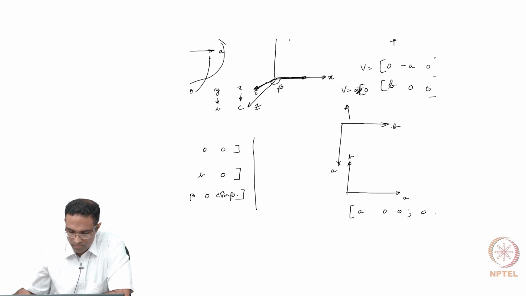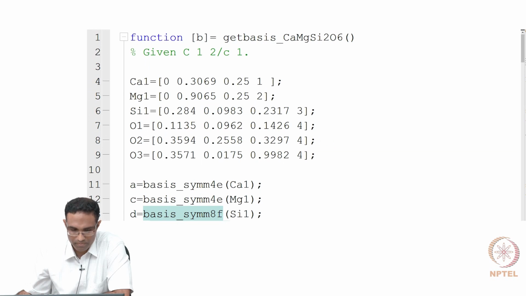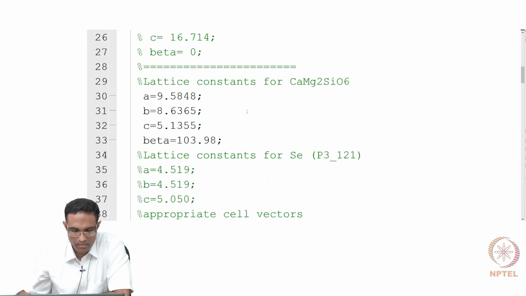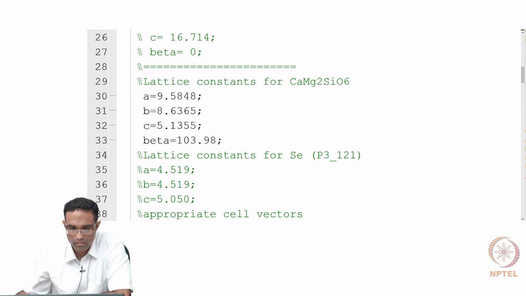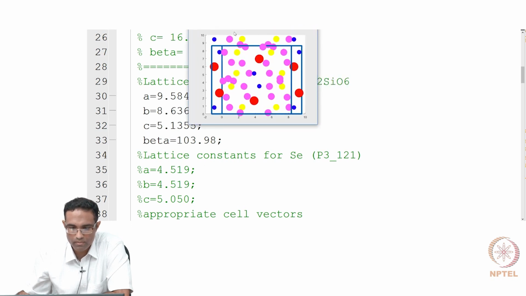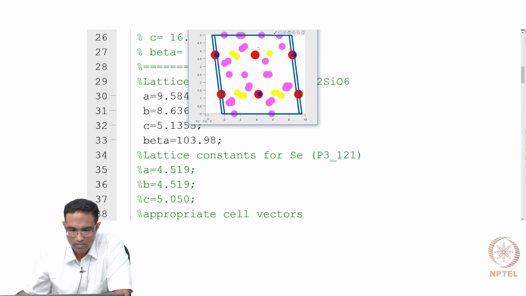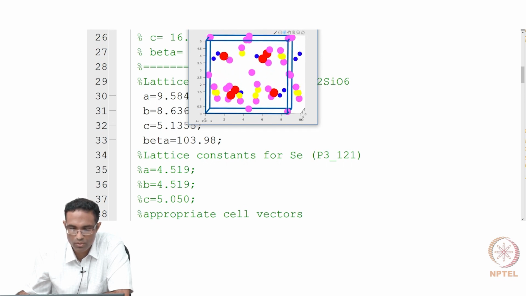So once we do this and define all our basis atoms, I'm going to save it, and I have defined everything here, and I run this code. This is what I end up with. This is the crystal structure of my CaMg2.